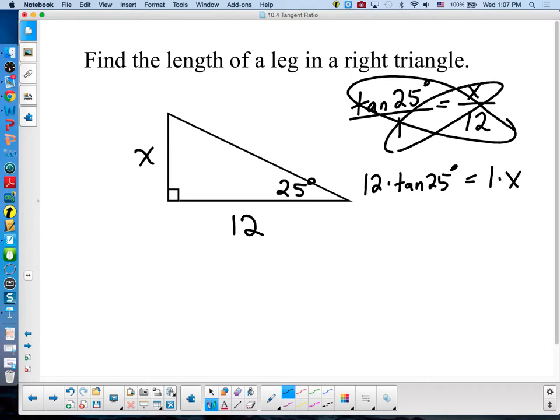So to get x, you need to take 12 times the tangent of 25. 12 times tangent of 25 equals, and depending on the directions, I'm going to go two places. 5.60 it would round to be.